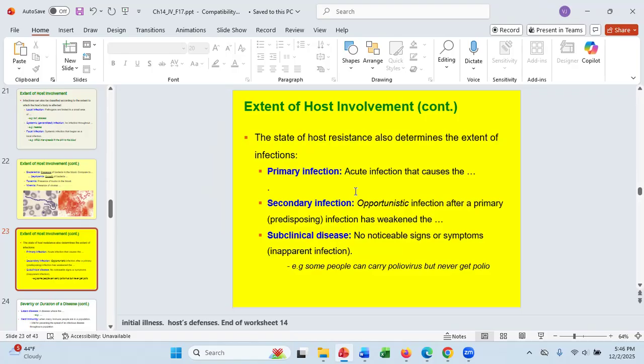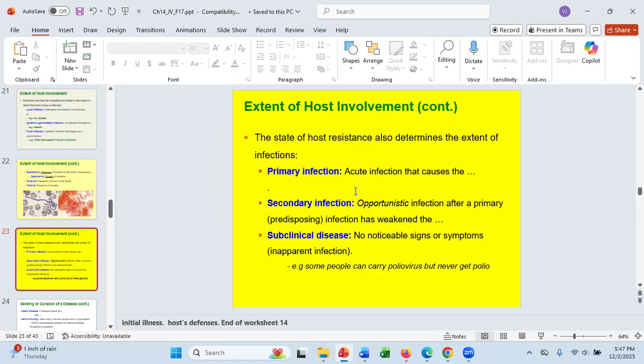There's also a subclinical disease. This is when the patient has no noticeable signs or symptoms. It's an inapparent infection. We've already talked about this, although we didn't call it a subclinical disease. We call it an asymptomatic disease. Some people can carry poliovirus and they never get the polio signs and symptoms. So we say they are asymptomatic or subclinical. And I've already mentioned this. Young people will be asymptomatic or subclinical when they have COVID-19.